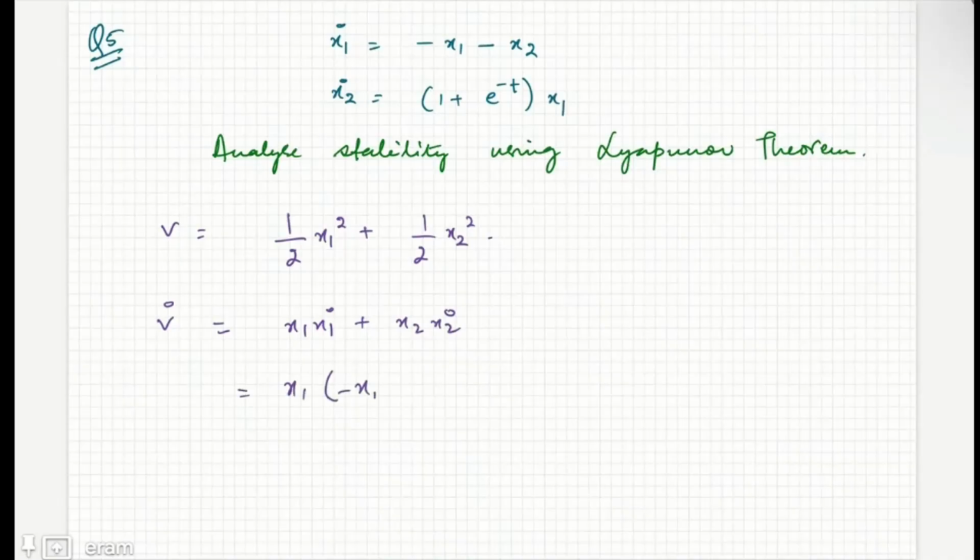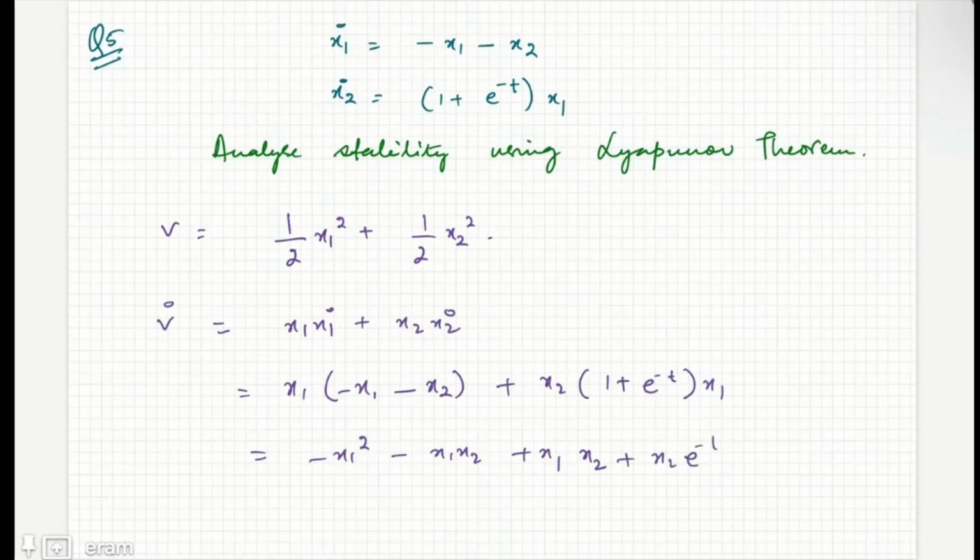So by solving along the system trajectories, this will give us minus x1 square minus x1 x2 plus x1 x2 and plus x2 e to the power minus t into x1.